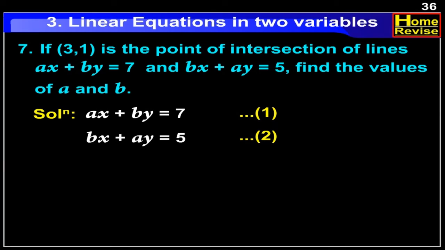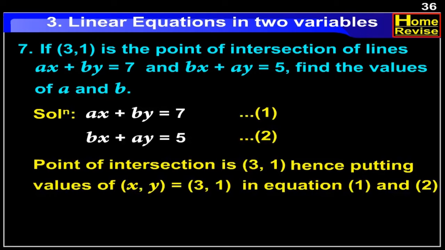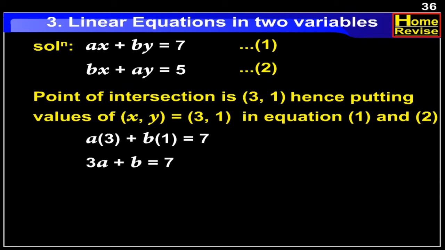It is given that the point of intersection of these two lines is 3, 1. Hence, putting the values of x, y is equal to 3, 1 in equations 1 and 2, we get, for equation 1, a into 3 plus b into 1 is equal to 7. Therefore, 3a plus b is equal to 7. Let this be equation number 3.